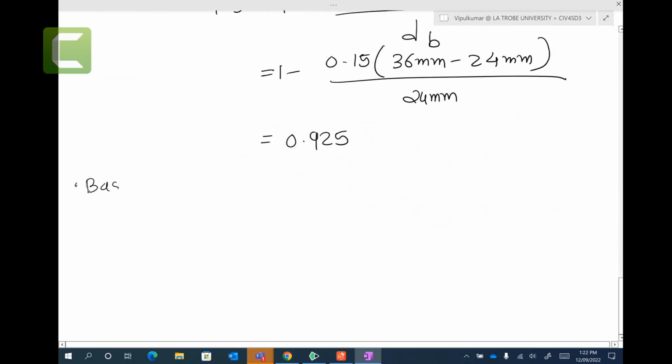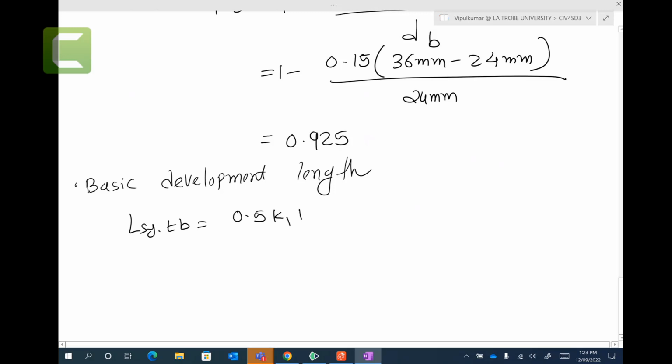So basic development length LSYTB equal to 0.5 K1 K3 FSY dB over K2 square root FC dash.